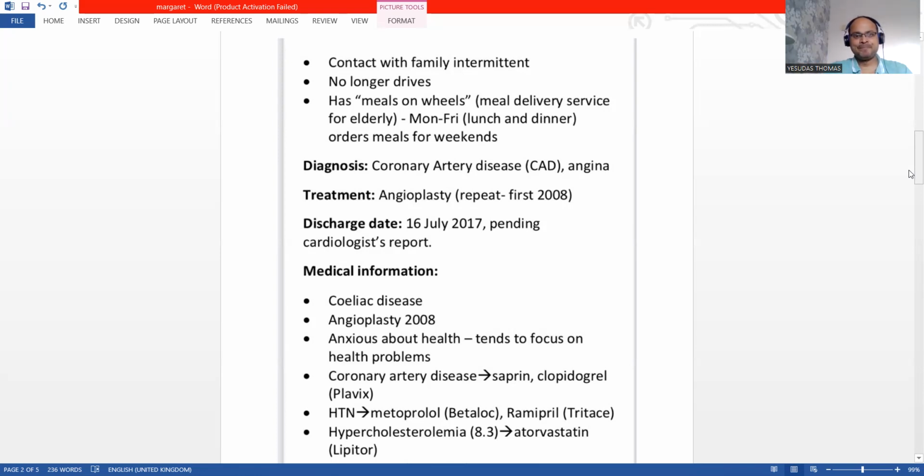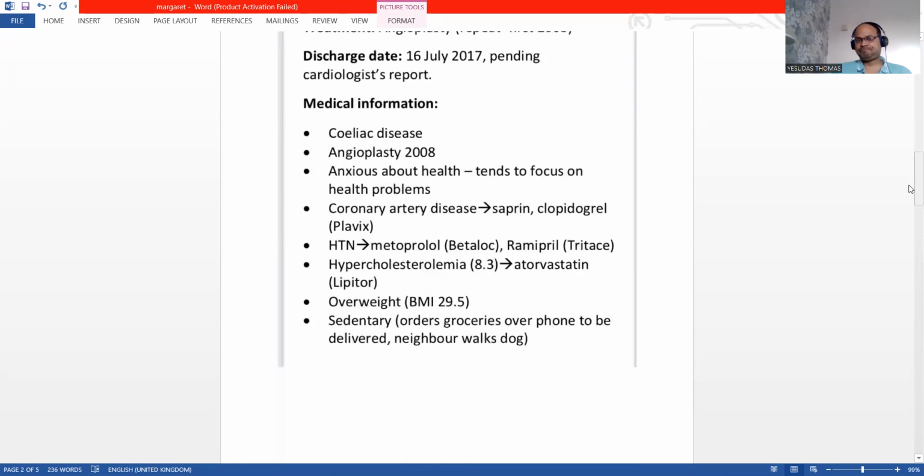So discharge date is tomorrow, and today is the day she had the surgery. Now, medical information, we have a lot of blah, blah, blah here. Angioplasty 2008 was discussed earlier. Celiac disease has no relationship right now with this.